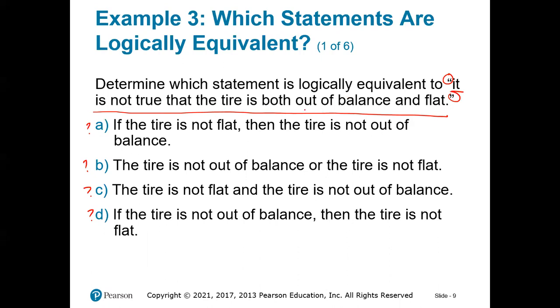Well, we have the tire is out of balance and the tire is flat. So we are going to have two statements. One that says the tire is out of balance, and the other one is flat, right? And then once we represent these sentences or these statements by symbols, it will become a matter of just two tables.